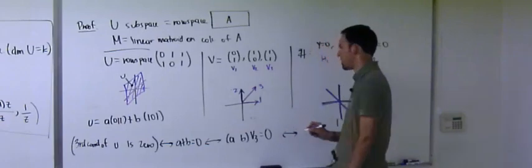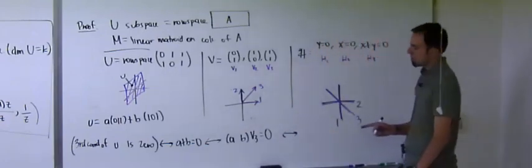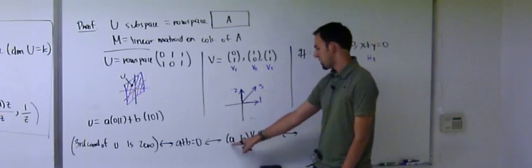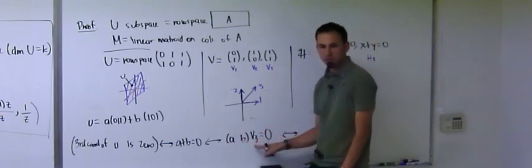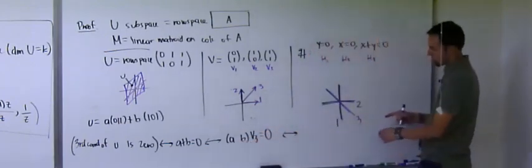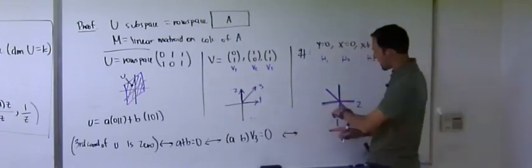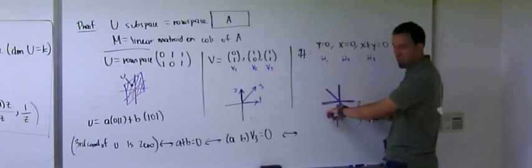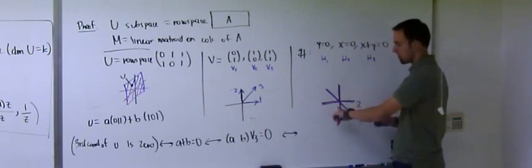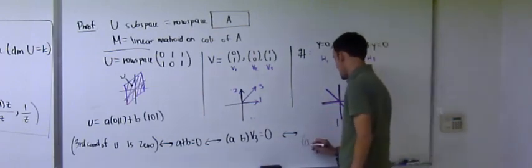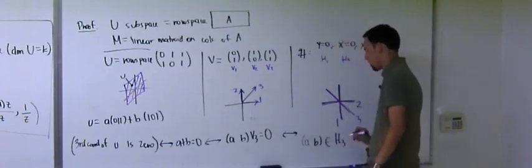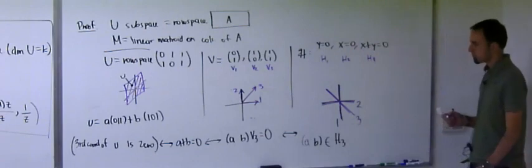Okay. But when is the dot product of AB and V3 equal to 0? Well, the points that have dot product with V3 equal to 0 are exactly the points on hyperplane 3. So this is exactly saying that AB is in hyperplane 3. Okay?